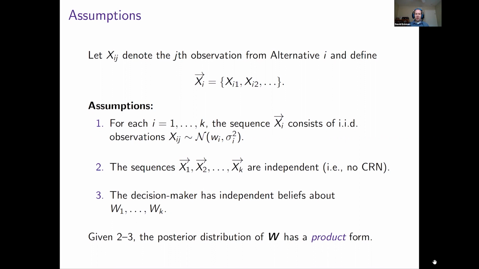Here the modeling assumption we're making is that we're treating performances of alternatives as being independent, though if you had that kind of relationship in the Bayesian framework, you might be able to incorporate that knowledge into your prior distribution. I'll relax some of these assumptions later in the talk or show how you might proceed if assumption 3 in this case is not satisfied. Okay.